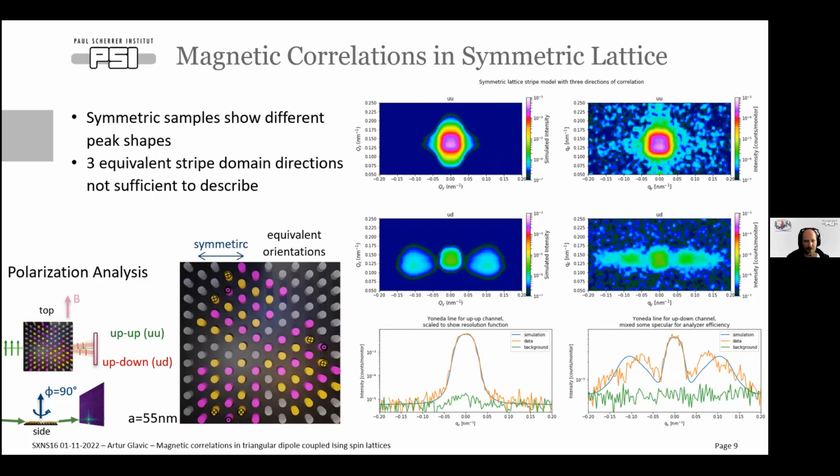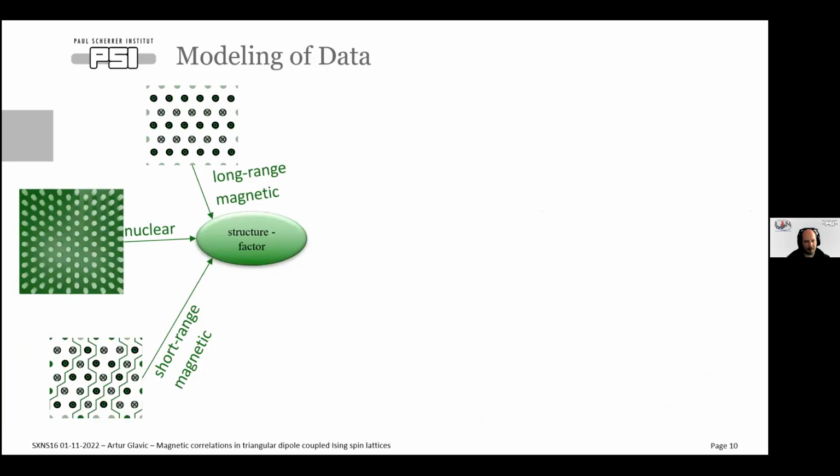So the question was, what is this kind of order we have, and how can we describe this? To explain this, we start from how to model such data. As in other scattering experiments, you can build a structure factor that is made out of the nuclear structure of this long correlation lattice, as well as either the long range ordered stripes or some kind of short range order.